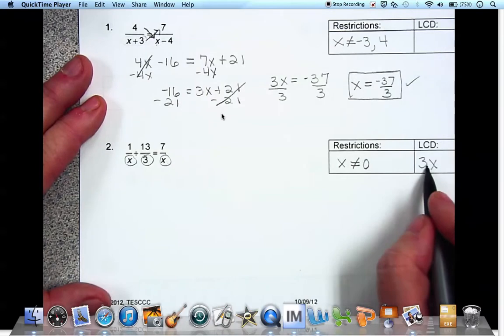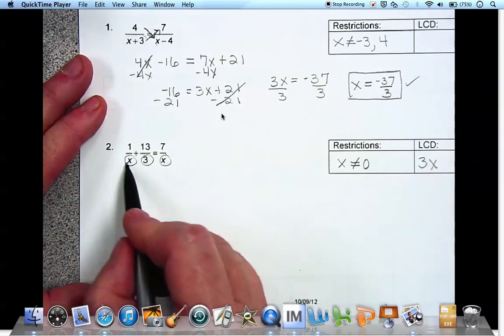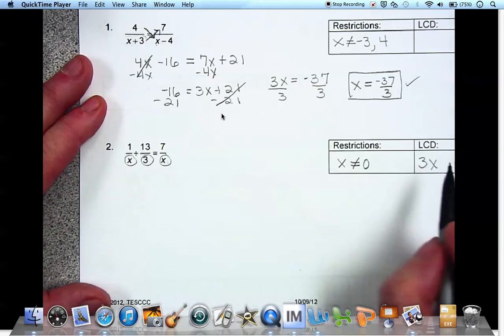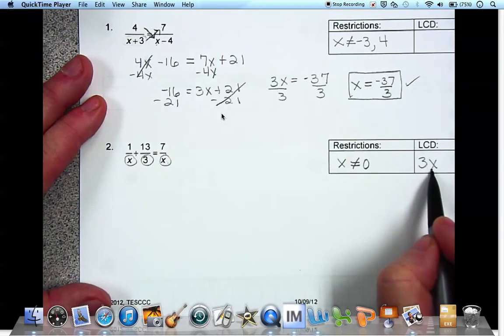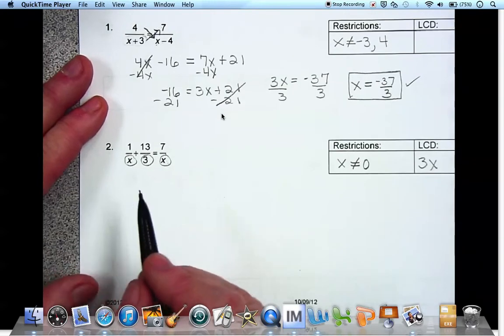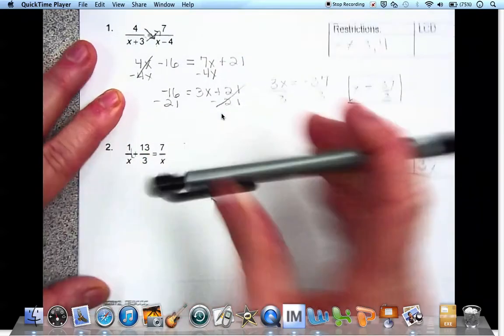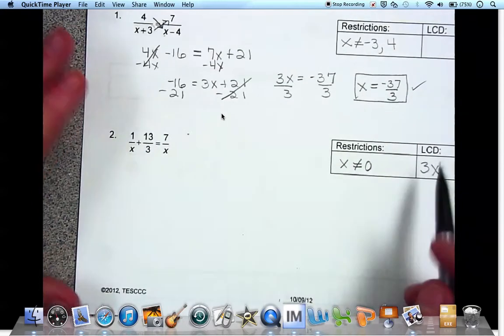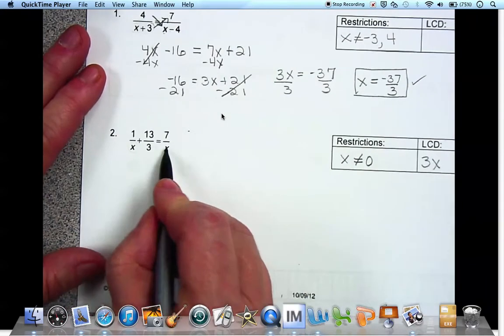So our least common denominator is 3x. Every different denominator has to be included. Everyone wants to be included. No one wants to be left out. Okay? So then we're going to take our least common denominator, which is 3x, and multiply each fraction by 3x.